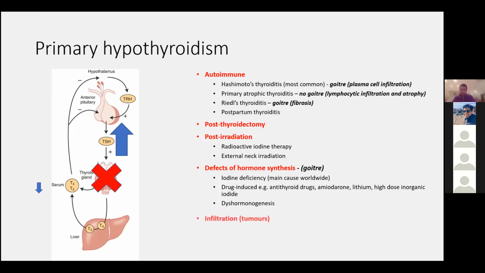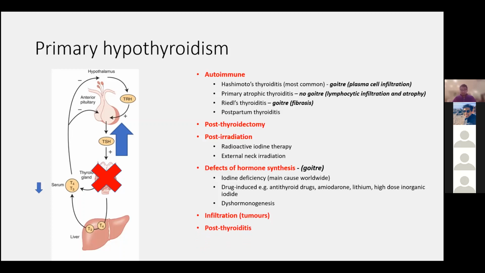More commonly worldwide is actually defects in hormone synthesis, so iodine deficiency. Drug-induced hypothyroidism, so drugs that are typically quite iodine rich, like amiodarone, can cause hypothyroidism. Antithyroid drugs can shut down your thyroid gland. Lithium as well is well known to cause hypothyroidism. And then inborn errors where there's dyshormonogenesis.